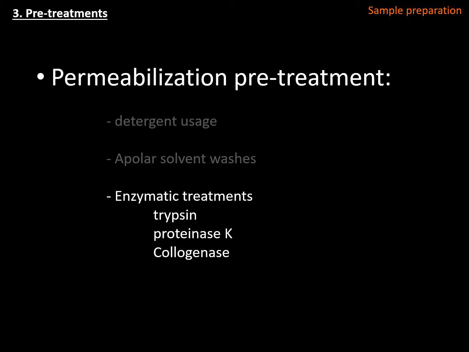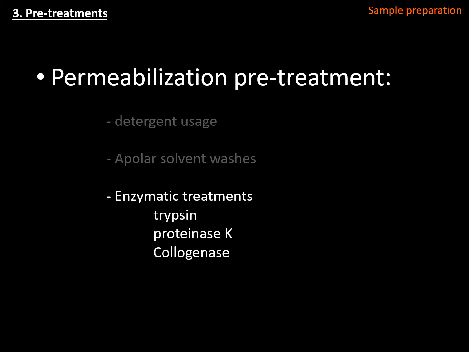You can use trypsin, which is more targeted, but you can also use less directed enzymes like proteinase K that will attack every single protein. You have to bear in mind that treatments with proteinase K can give you a huge amount of artifacts and can destroy your tissue, so you should always be careful and monitor your sample very attentively.